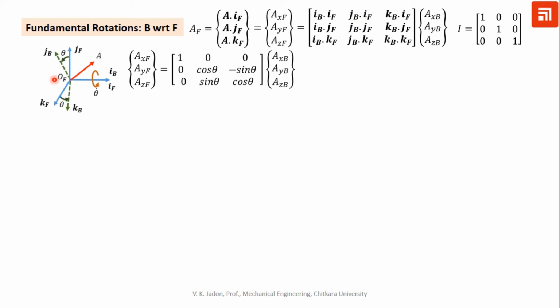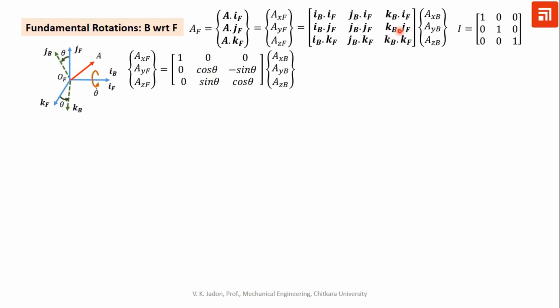JB dot JF. For this particular case, this is JB and this is JF, so the angle is theta, so that is why no, sorry, this is JF and this is IF. So JF and IF have a 90-degree angle, so it is 0, and similarly this is also 0. Let us take JB dot JF, the angle is theta degree, so that is why it is cos theta.